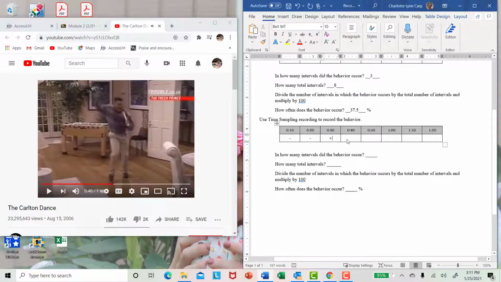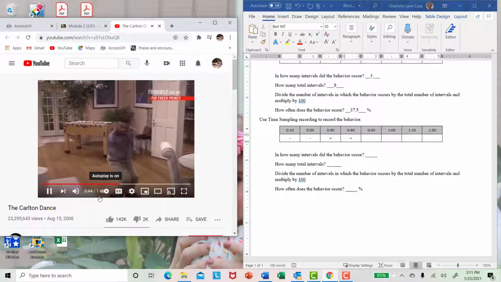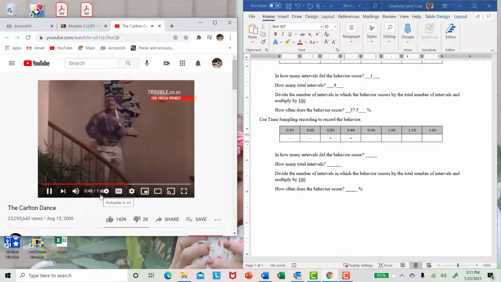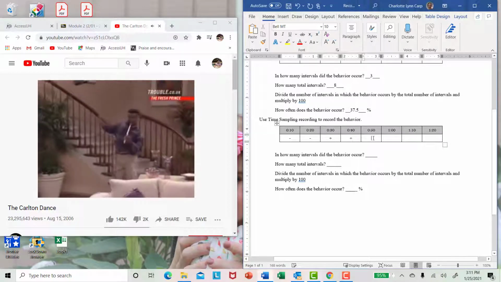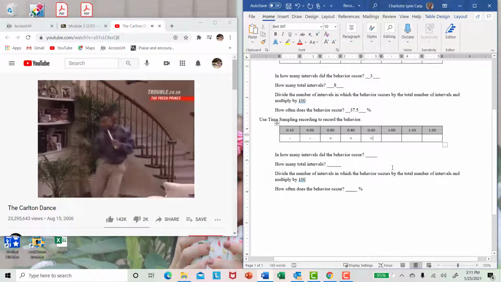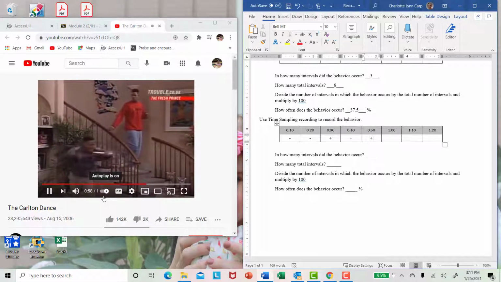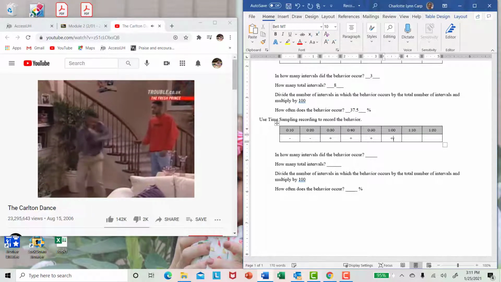All right, he's dancing, so we'll put a plus. All right, he was dancing at the end of that one, so put a plus. All right, he's dancing at the end, so we can put a plus.